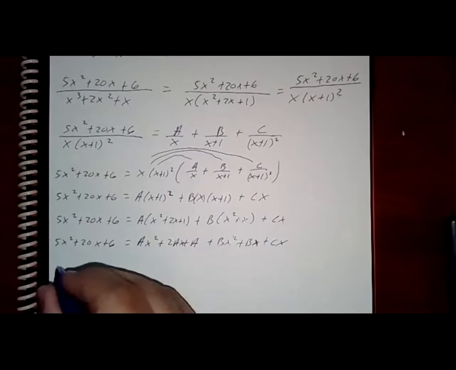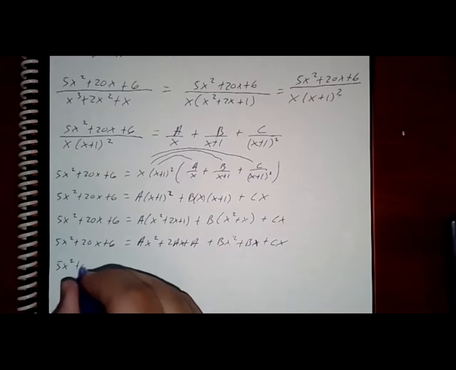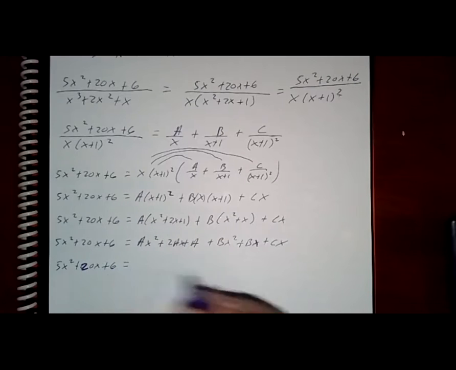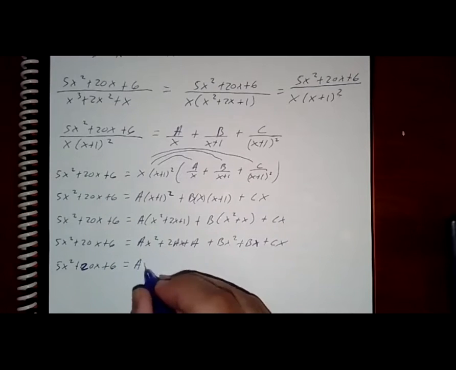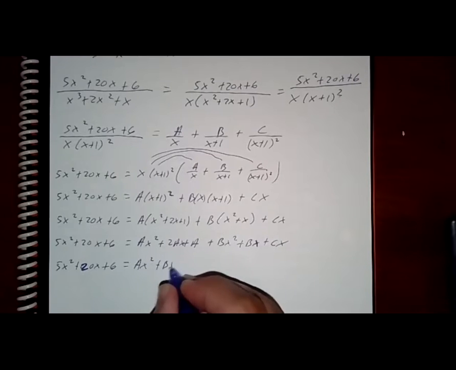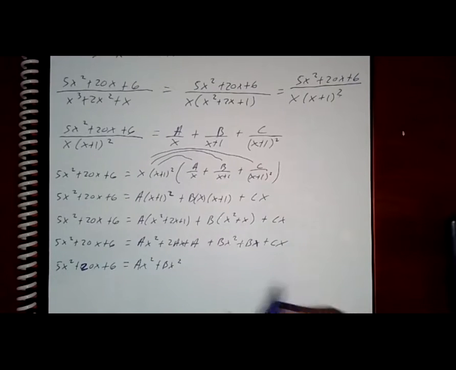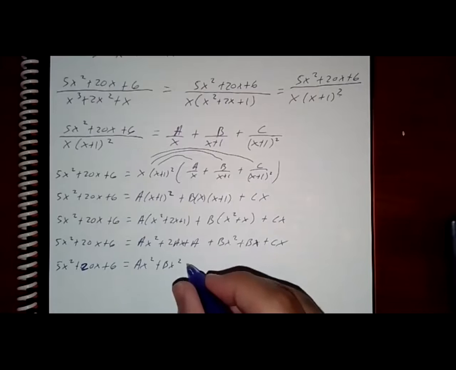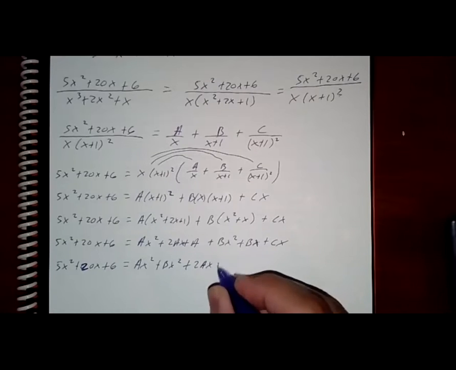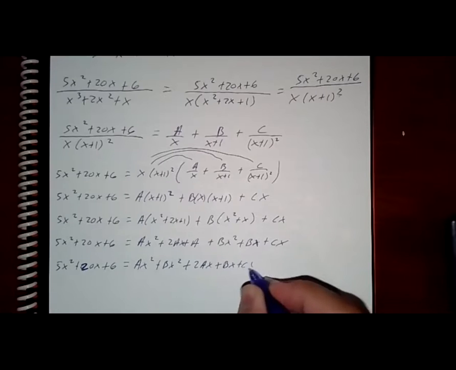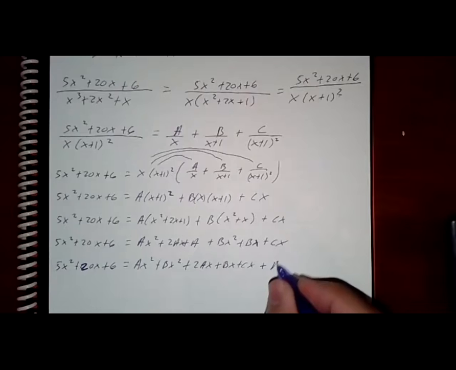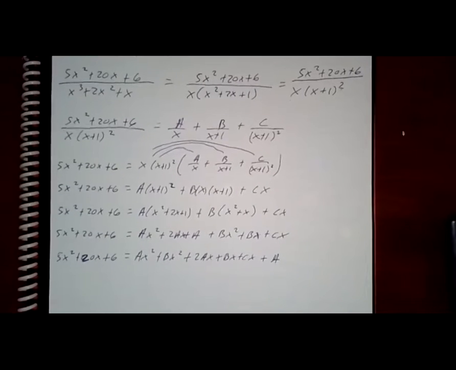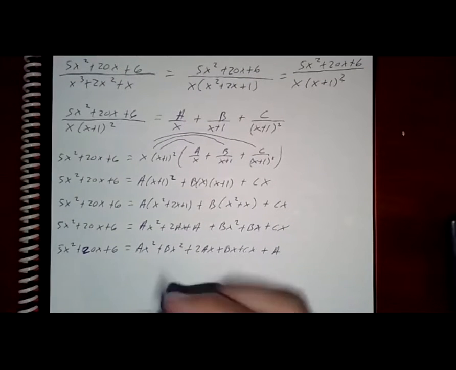Now gather everything that is the same to equate the coefficients. So ax squared plus bx squared. Now all the regular ax's, right? And there's only one constant, the a. So you create an equation with the quadratics.